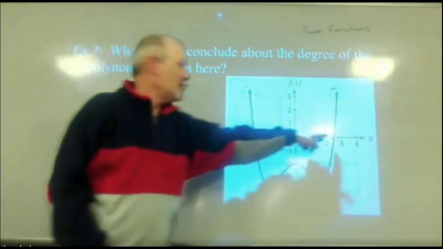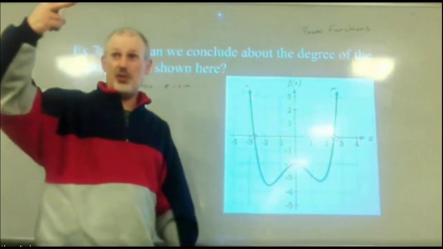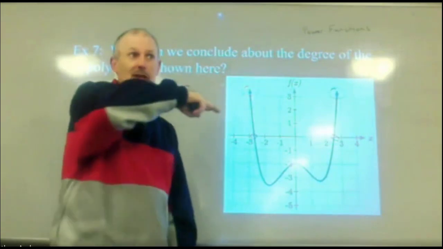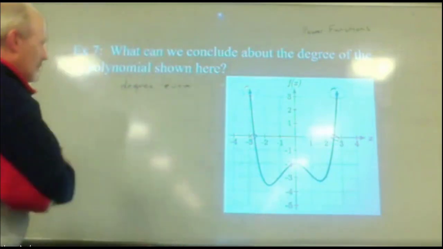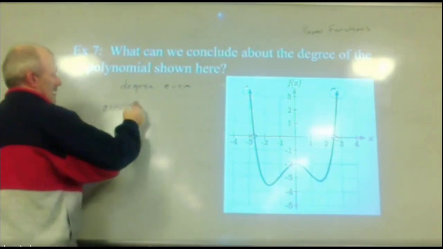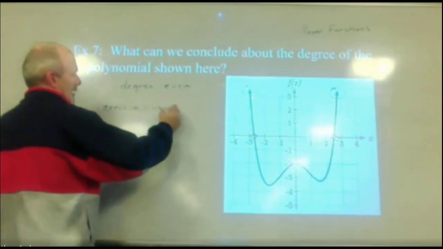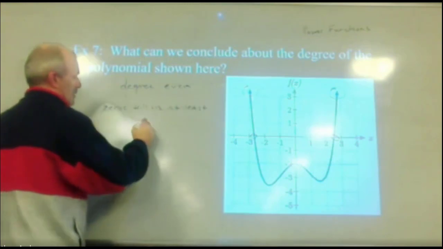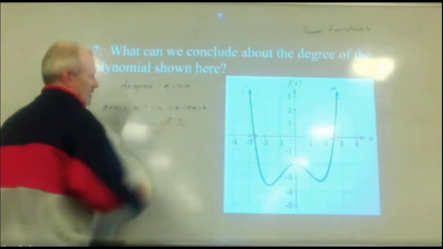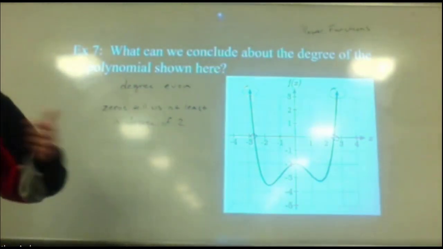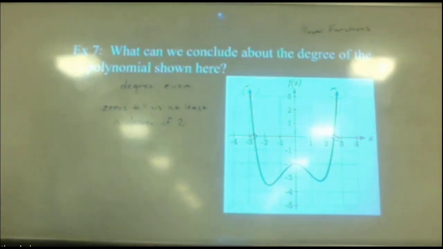So if there are 2 x-intercepts, we know the degree has to be at least 2, right? Because it has 2 x-intercepts. Okay, so from the zeros, we know at least a degree of 2. Does that make sense? The zeros are the horizontal intercepts. Those are interchangeable words.